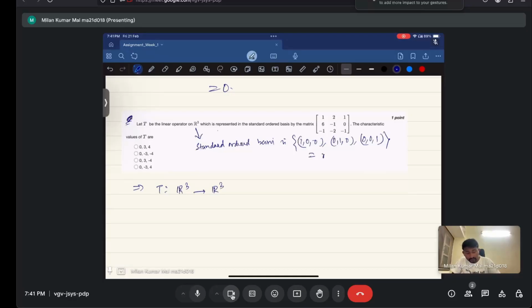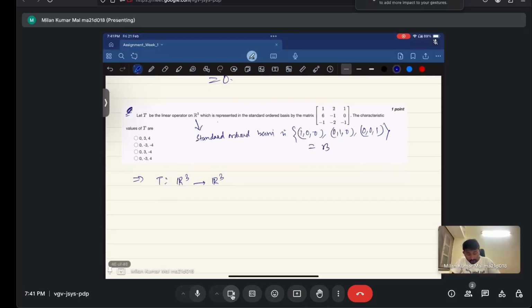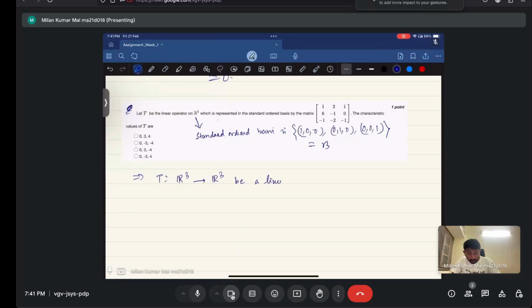Let's take it as beta. Then T with respect to this standard ordered basis is given by this matrix: 1 2 1, 6 minus 1 0, minus 1 minus 2 minus 1.